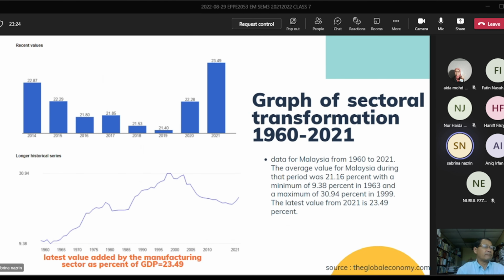And this is a graph of sectoral transformation from 1960 to 2021.